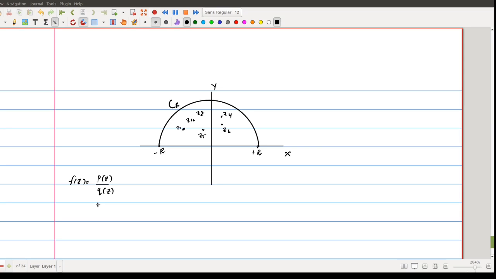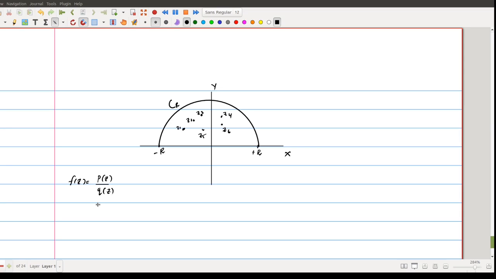The method begins with the identification of all distinct zeros of the polynomial q of z. The zeros of q of z are nothing but the singularities of f of z, that is f of z equals p of z by q of z. So first of all, we identify all the zeros of q of z.